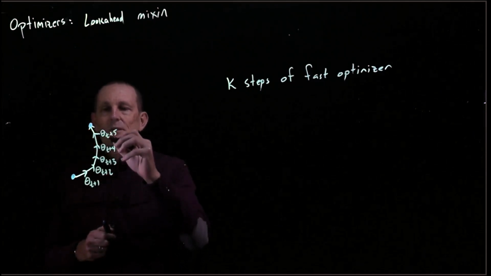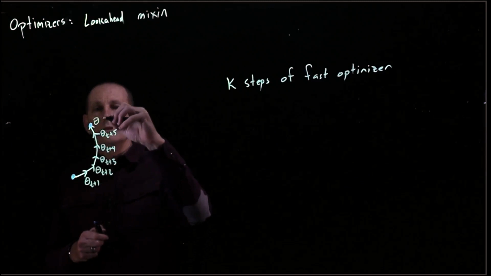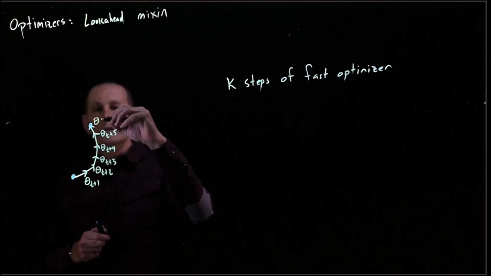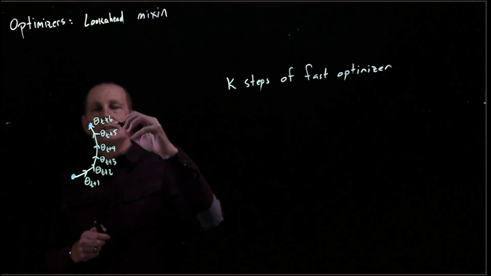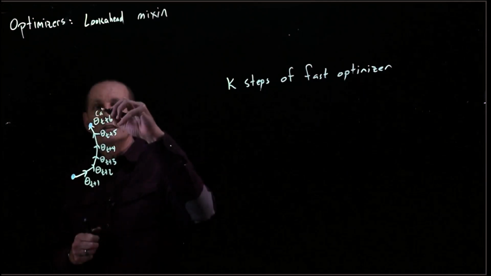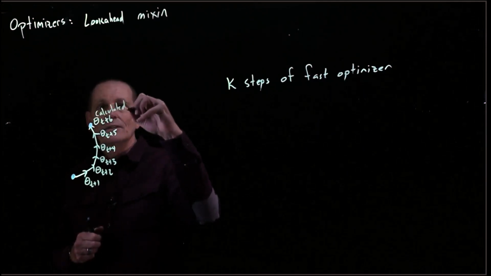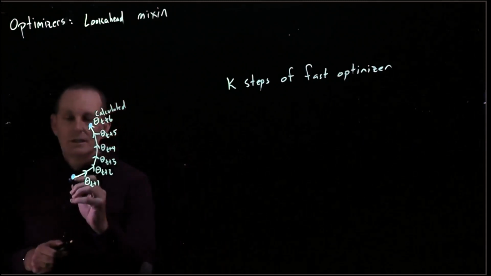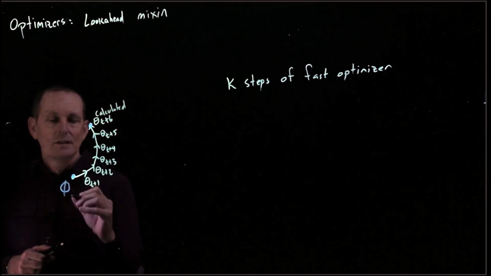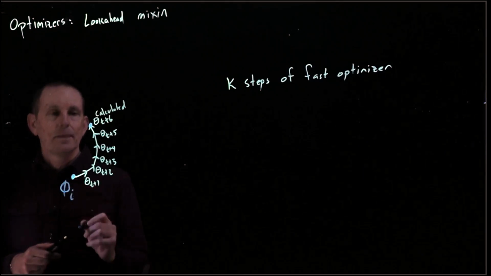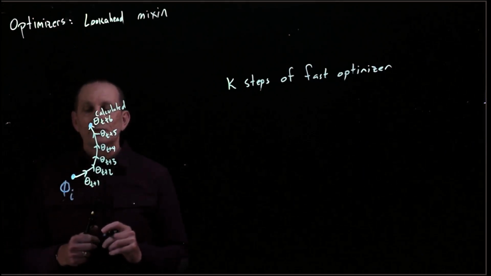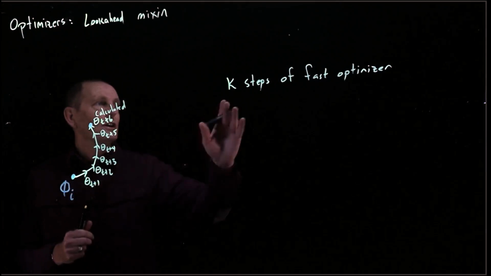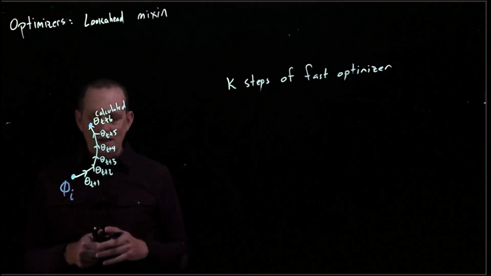And this is what we would get for our calculated theta t plus 6. And we're going to call the starting point phi sub i, which is the beginning of the k steps of the fast optimizer.